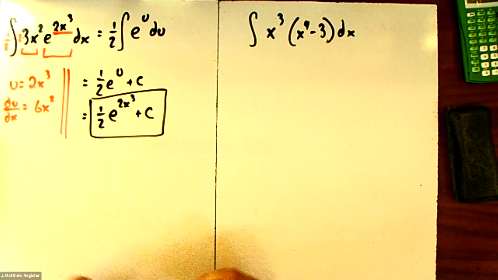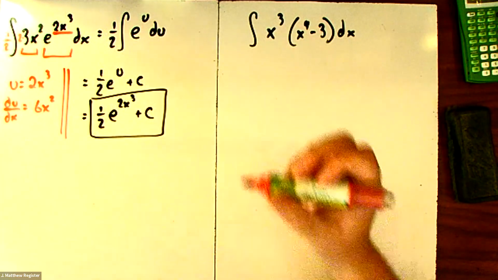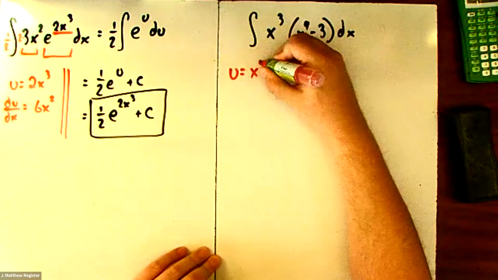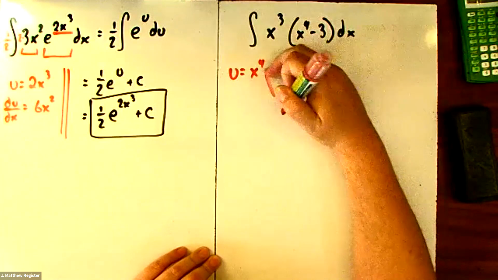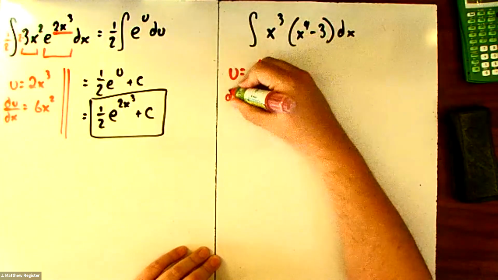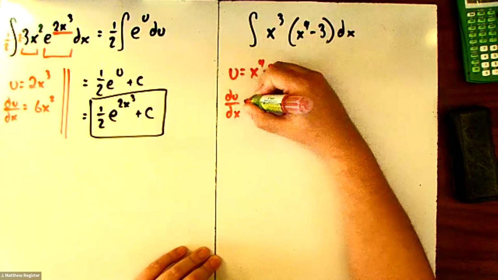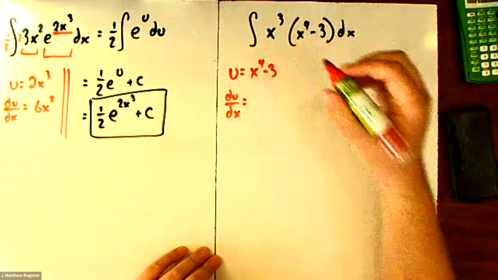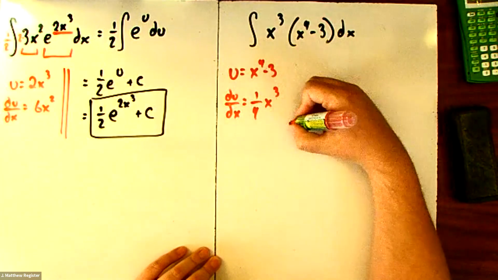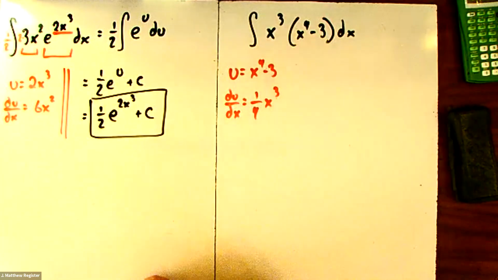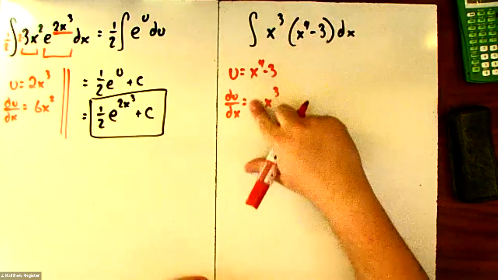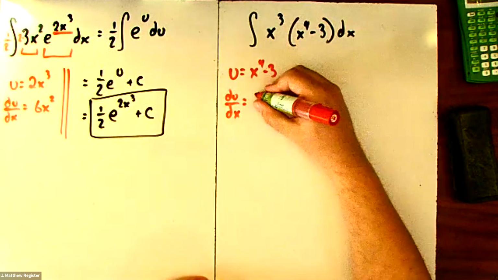But if we wanted to, we could instead say that u is equal to x to the 4th minus 3. Our du dx then would be equal to 4x cubed.